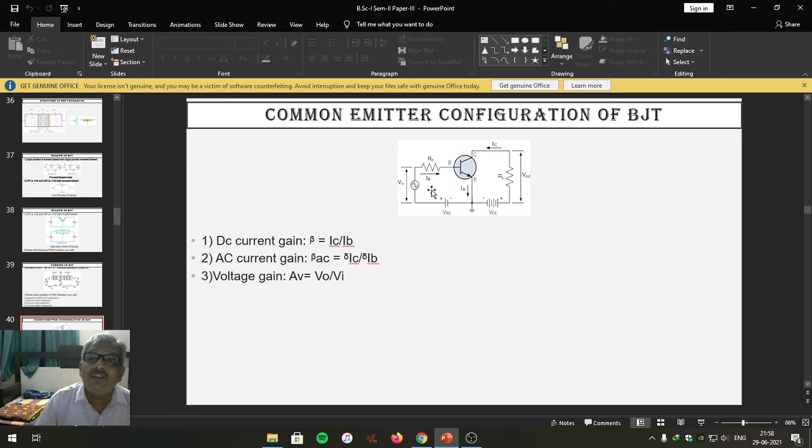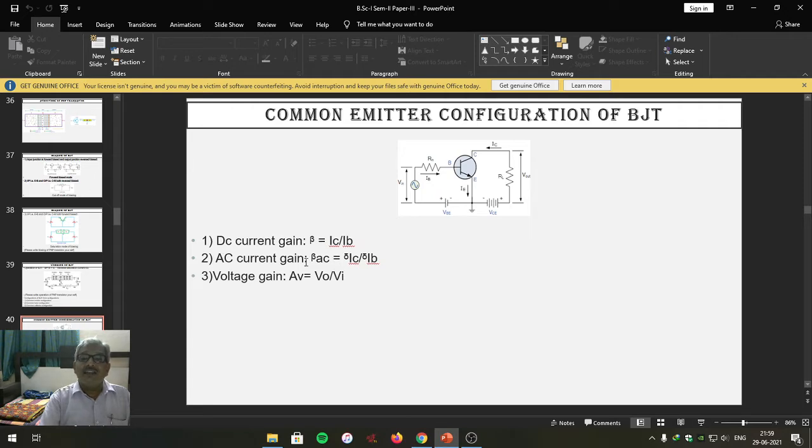With that particular definition, and by considering this as a common emitter configuration, we can say DC current gain denoted by beta only for common emitter configuration is the ratio of IC upon IB. This is true for common emitter configuration only. General definition is output current upon input current. In case of common emitter configuration, output current is IC, input current is IB, and that's why we can say DC current gain beta is equal to IC upon IB.